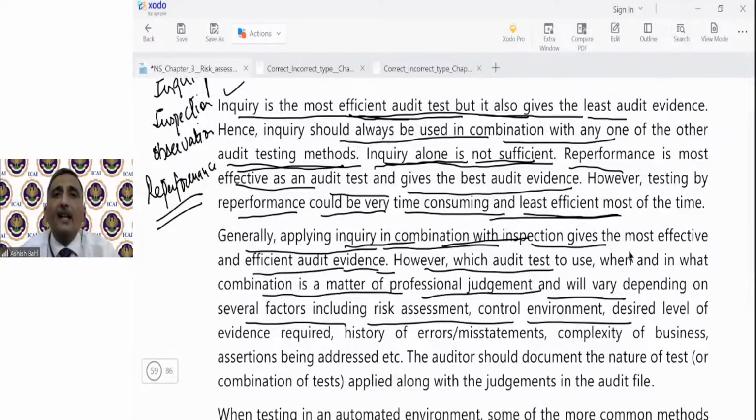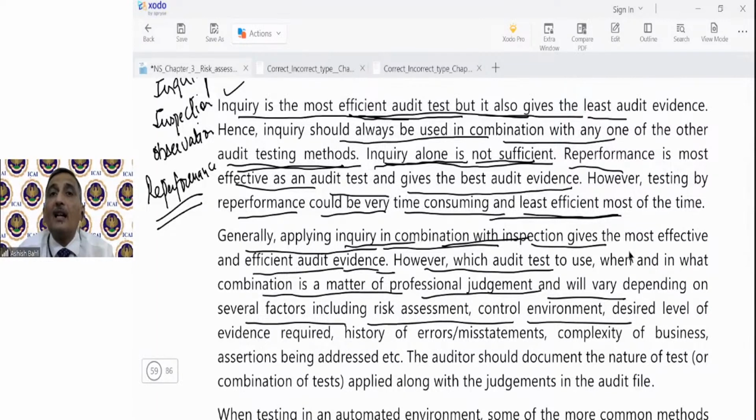So what is written here are general indicators, general guidelines to increase your understanding. Okay, so again, students, I am repeating, there are 4 ways in which an auditor can test controls.